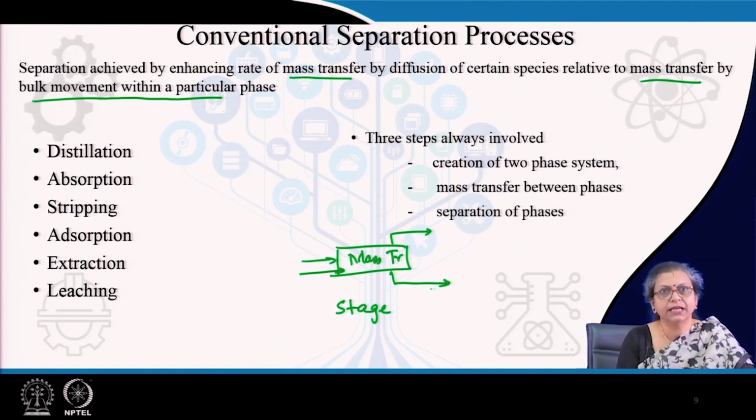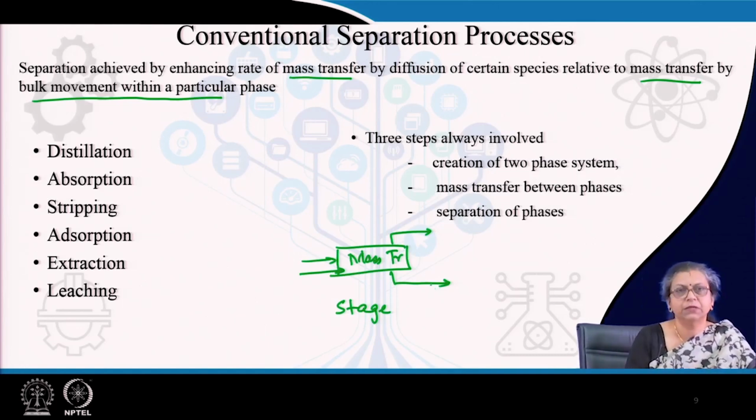We cannot attain any separation better than this. And it is important to remember that in practice we cannot attain the equilibrium compositions. It will not be economically feasible, definitely; either we need a very big equipment or a very long time of operation in order to achieve equilibrium.